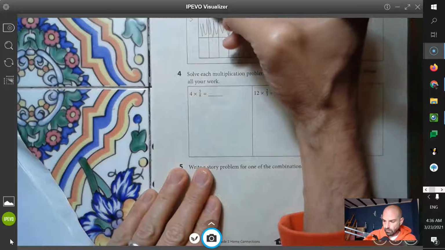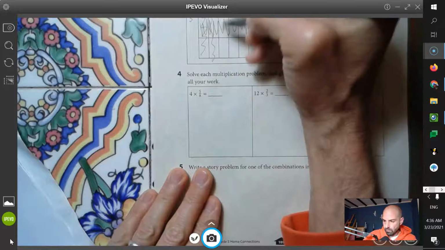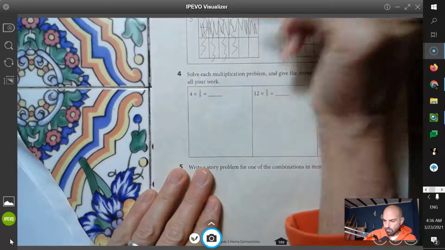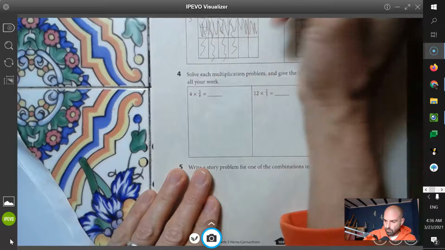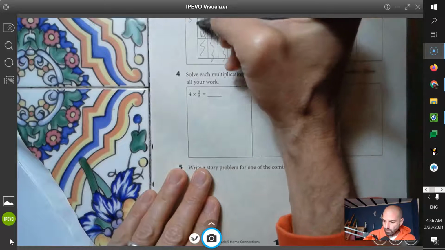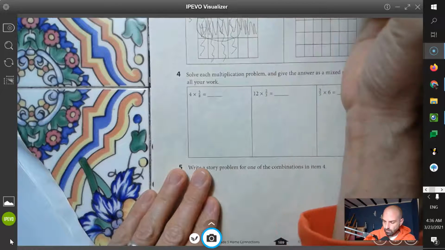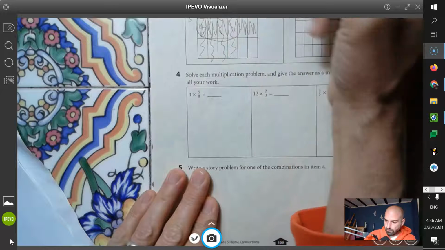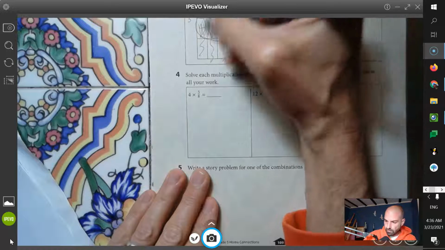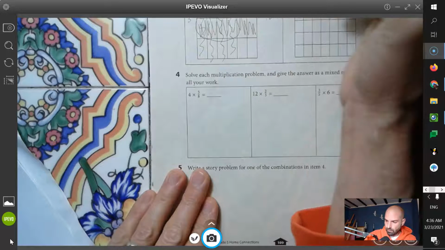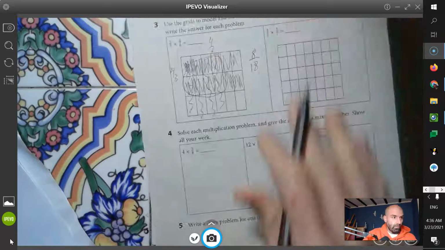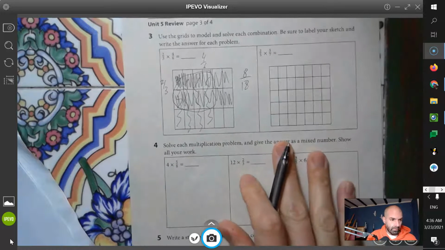And now we have 4/6, and so our answer is here, which is 4 by 2, which is 8, and then the whole thing is 6 by 3, which is 18. So 8/18.